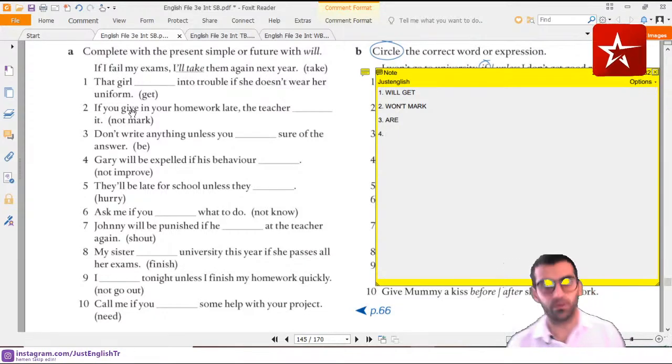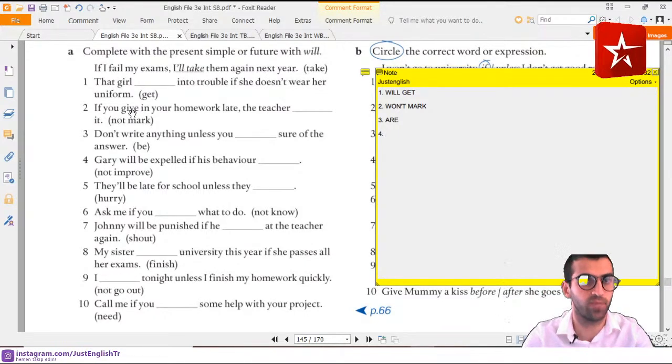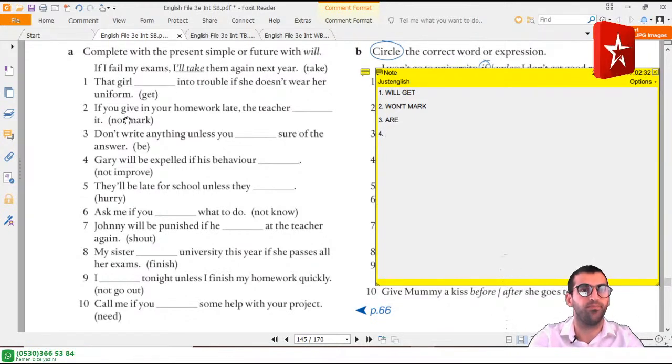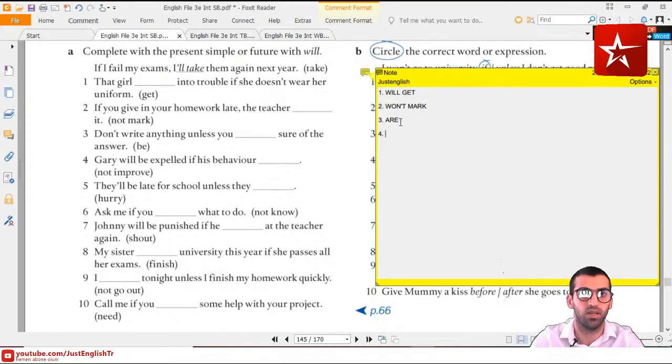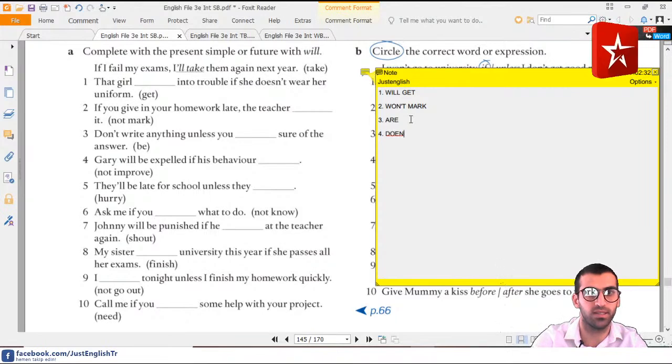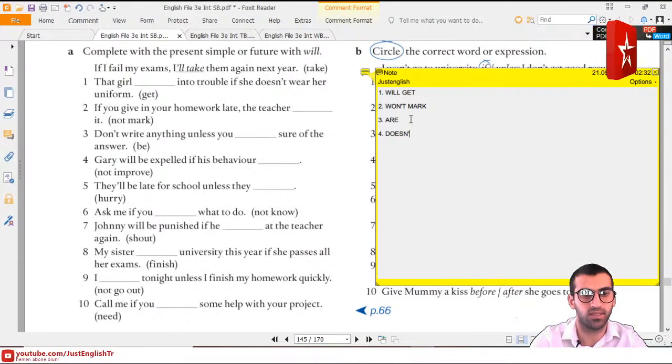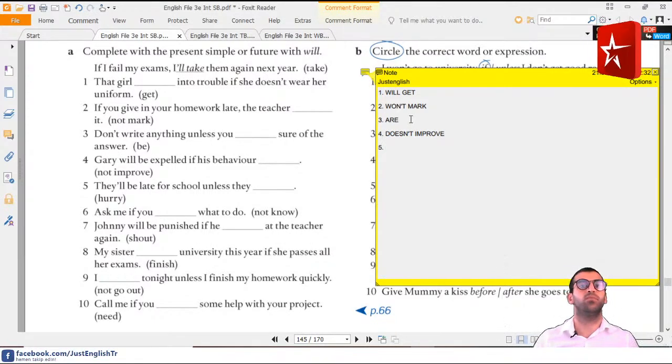Won't improve, Azime, is not correct, because we have a future simple in the first part. After if we must use present simple. If his behavior doesn't improve. Yes, doesn't improve is the correct answer.